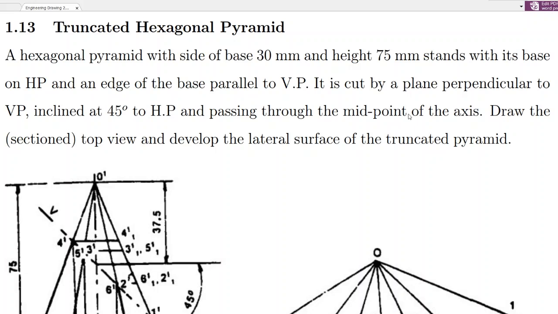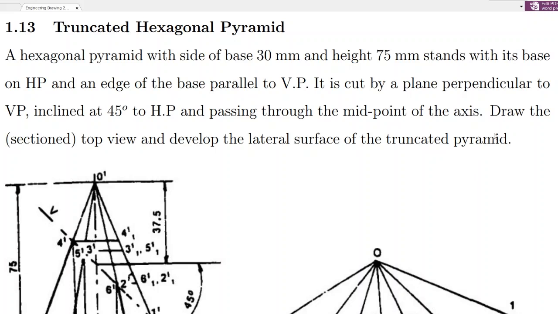It is cut by a plane perpendicular to the vertical plane, inclined at an angle of 45 degrees to the horizontal plane, and passing through the midpoint of the axis.